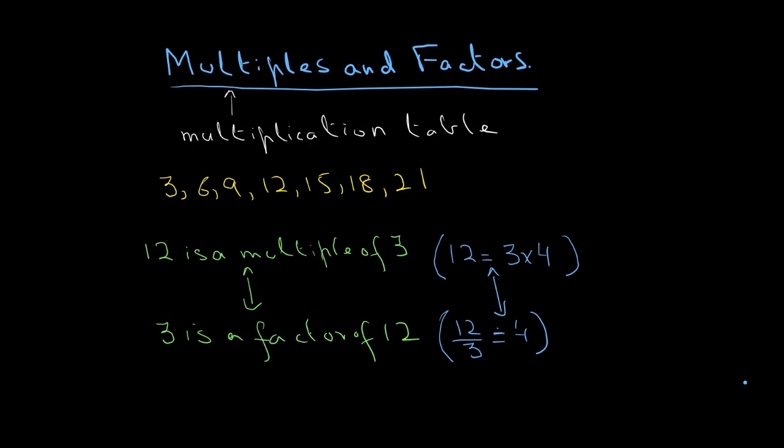So let's do a few problems and see some interesting facts. Let's pick any multiple of 3. Let's take a random multiple of 3. Let me take 123. 123 is a multiple of 3, since 41 times 3 is 123.